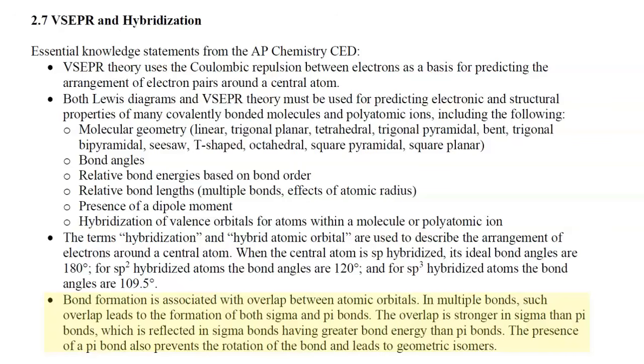In multiple bonds, such overlap leads to the formation of both sigma and pi bonds. The overlap is stronger in sigma than pi bonds, which is reflected in sigma bonds having greater bond energy than pi bonds. The presence of a pi bond also prevents the rotation of the bond and leads to geometric isomers.